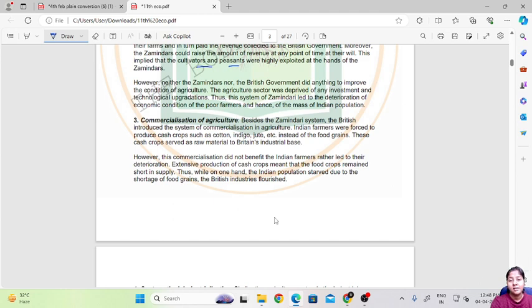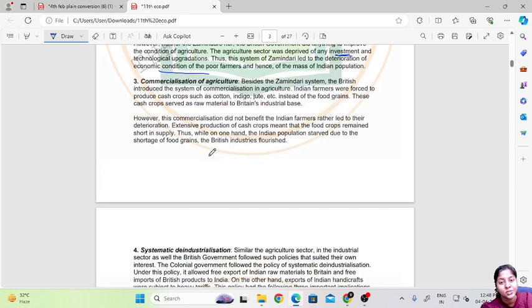They did nothing. The agriculture sector was deprived of any investment. There was no investment in technological upgradation; they only used outdated technology. Thus, this system of zamindari led to the deterioration of the economic condition of the poor farmers and hence of the mass of the Indian population. Then, the next part is commercialization of agriculture.